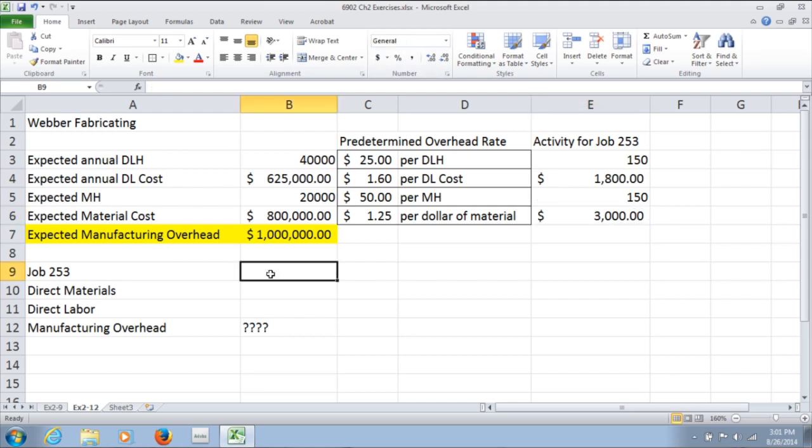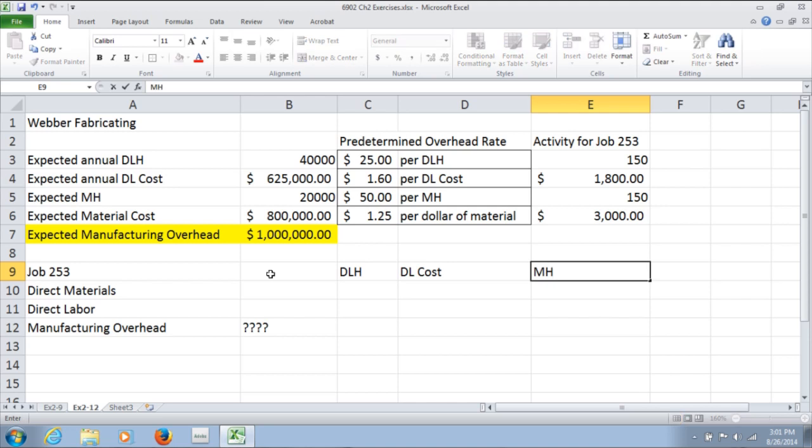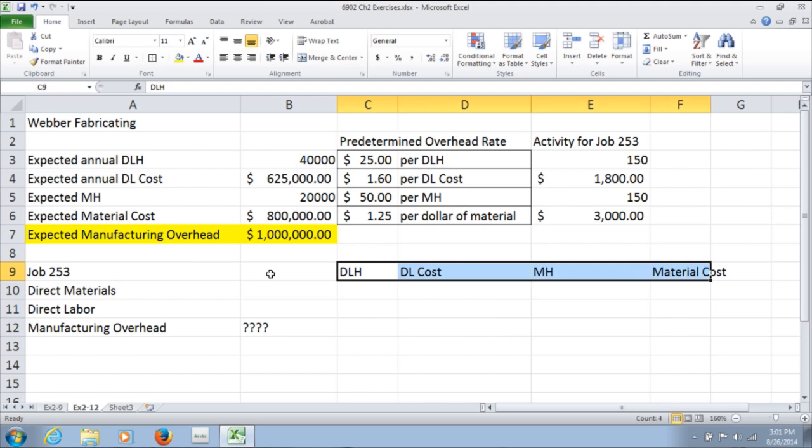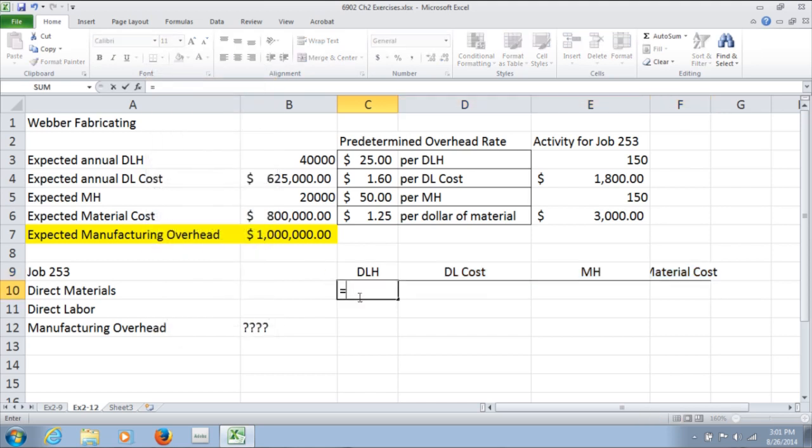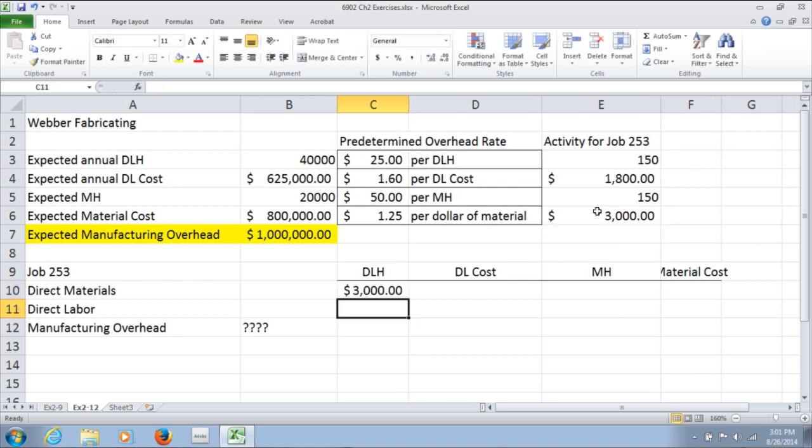So for each of these potential candidates, direct labor hours, direct labor cost, machine hours, and material cost, the amount for direct materials will be the $3,000 of material cost.